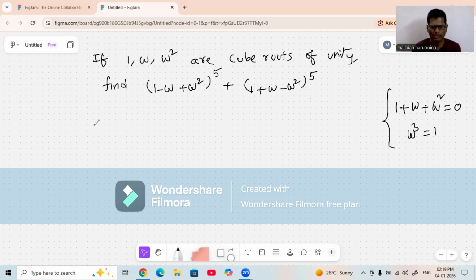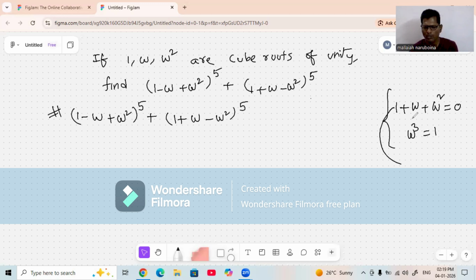Now the given question is 1 minus omega plus omega square whole to the power of 5 plus 1 plus omega minus omega square whole to the power of 5. Solution starts from here. From 1 plus omega plus omega square equals 0, sending this plus omega across, it becomes minus omega.